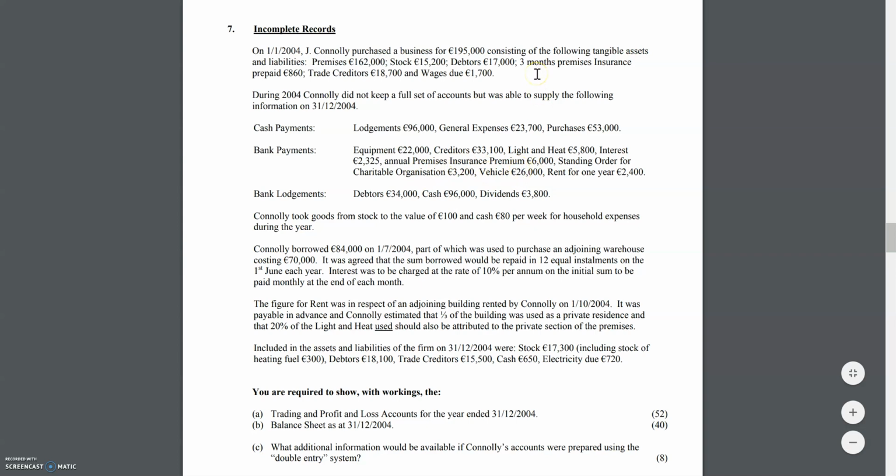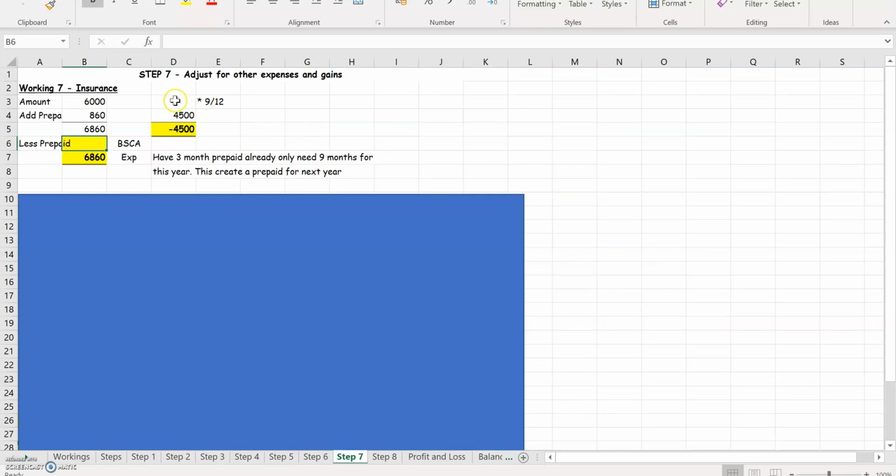Because we have 3 months already paid, we just need another 9 to take us up to the year. So of that 6,000, we only need 9/12. And that 9/12 is going to give us 4,500. So when we take that away, so 6,000 is for the year, 4,500 is for this year. So we've prepaid 1,500.